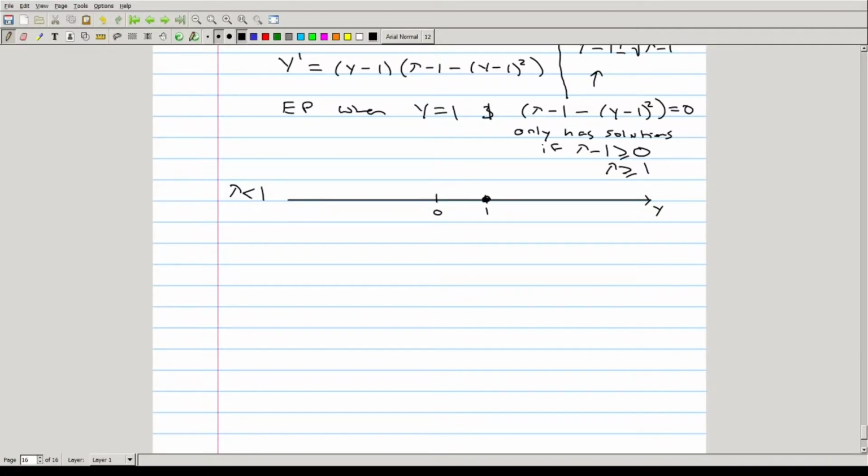So we have one critical value at y equals 1. And if you take y less than 1, this function is going to be positive. And if you take y greater than 1, the function f is going to be negative. So this is what the phase line looks like for lambda less than 1.